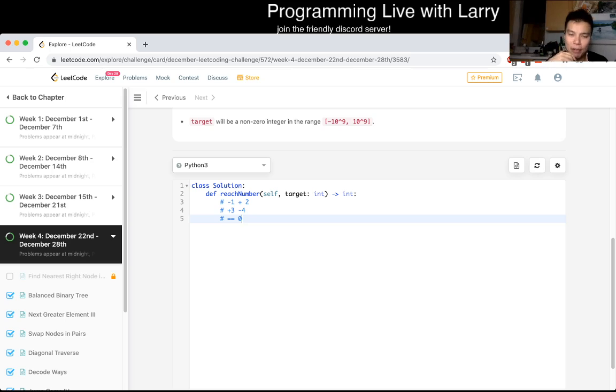And why is that important? Well, that's important because now we know a strategy of getting it. Given a target number, what does that mean?